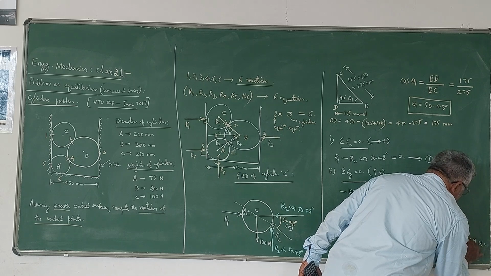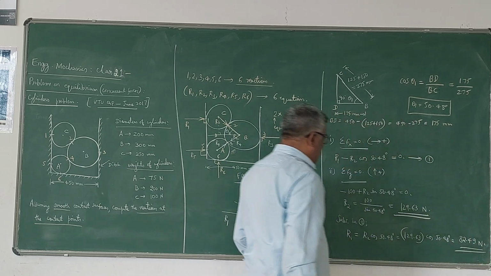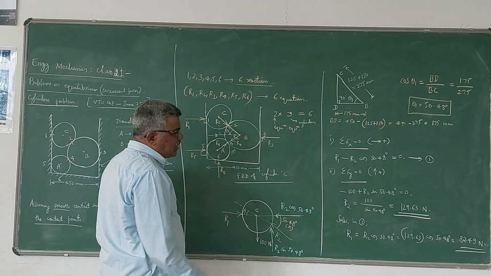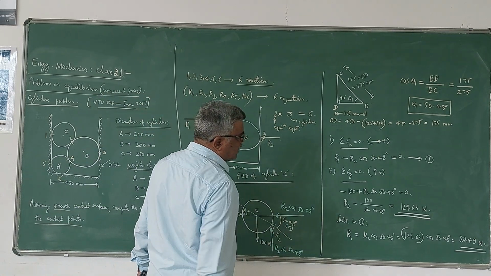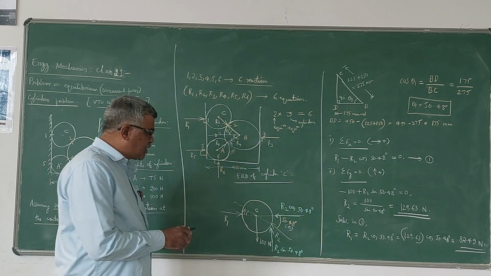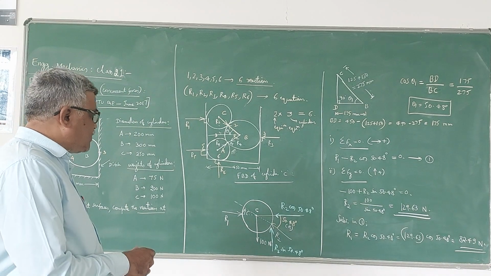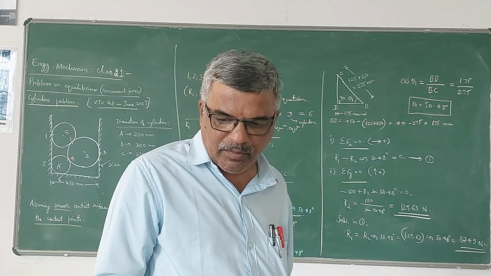That is the reaction R1. So reaction at 1 is 82.49, and R2 is 129.63. Both are positive. That means the assumed direction of the reaction is correct. So this is the first free body diagram.